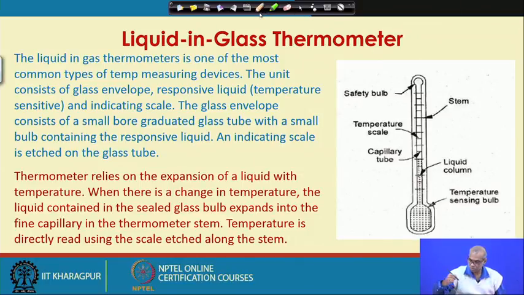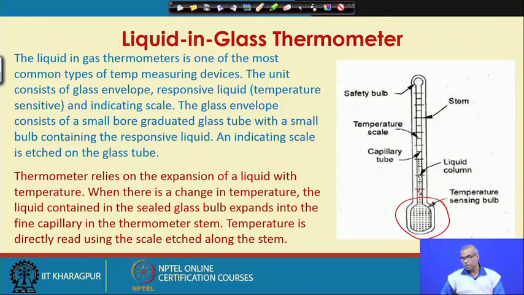So, when you want to measure the temperature of a medium, you put this bulb into the medium whose temperature you want to measure. Then the liquid inside the bulb, which is known as temperature sensitive liquid or responsive liquid, receives thermal energy of the medium, undergoes a volume expansion. The volume expansion of liquid will be much more than the volume expansion of the glass.